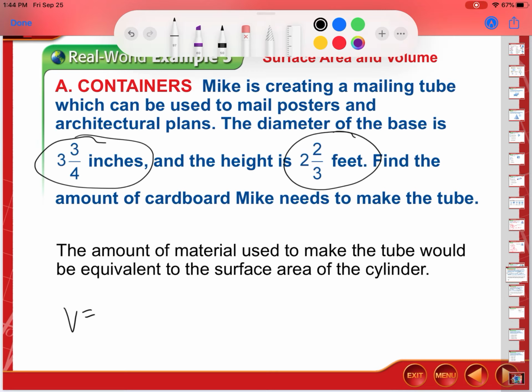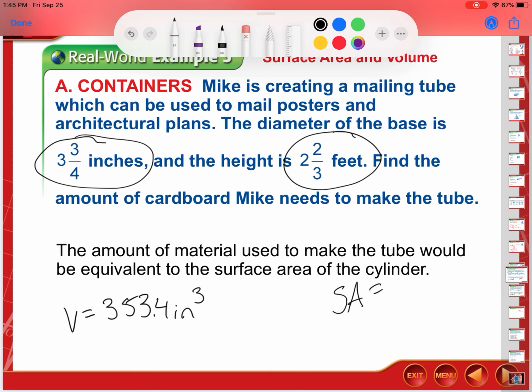So the volume is about 353.4 inches cubed. We were finding the surface area on this one. Whoops.